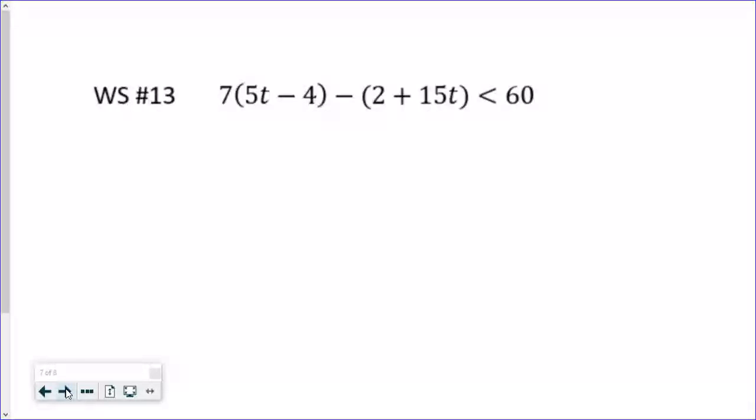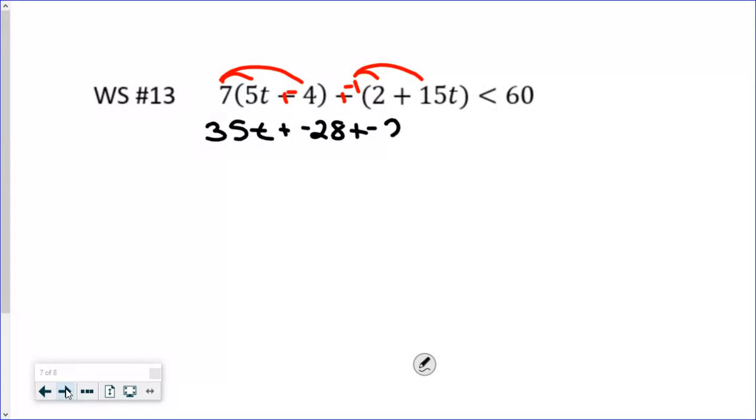Okay, one more. So now we're going to double distribute. So we're going to distribute that, and we're going to distribute that -1 here as well. Okay, so we have 35t plus a -28, be careful, that was a -4, plus a -2 plus a -15t is less than 60.